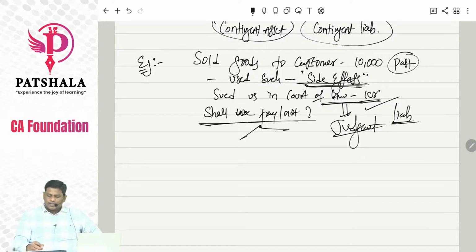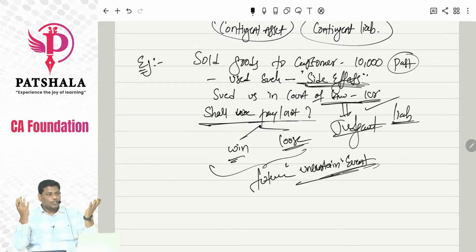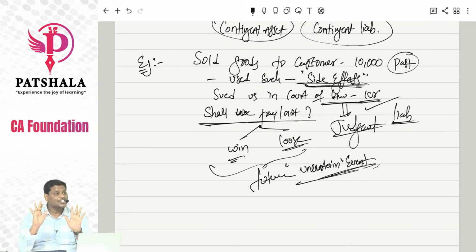It depends upon whether you win the case or lose. It is a future uncertain event. In future, whether I lose or win, I don't know. That situation is called contingent.